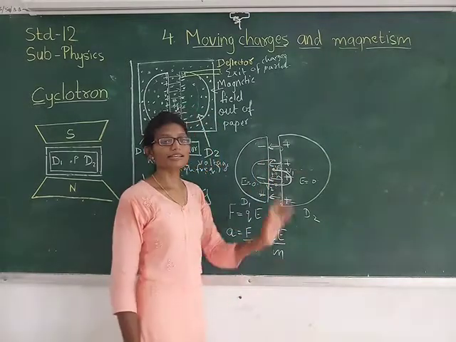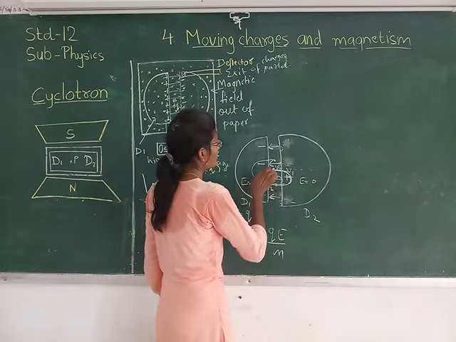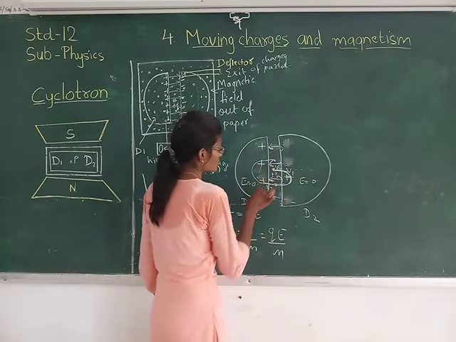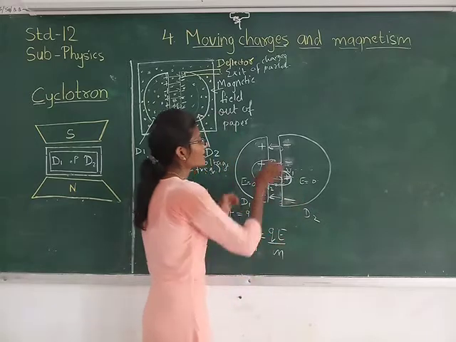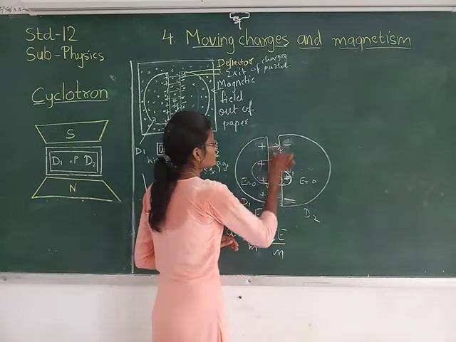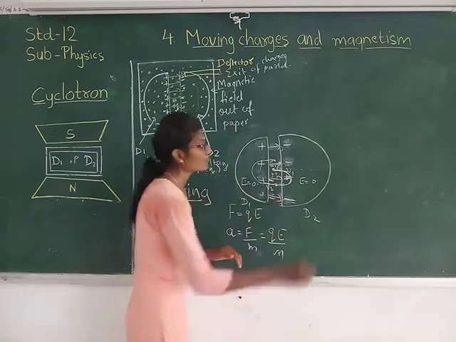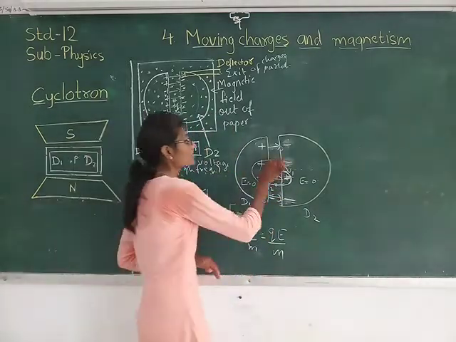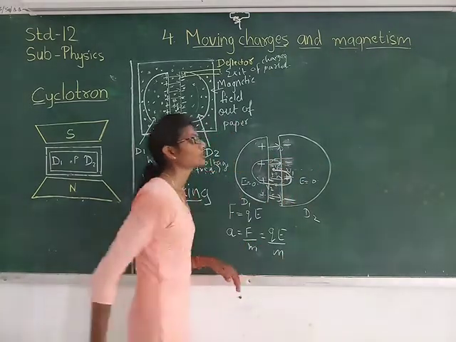Again the polarity gets changed, this becomes positive, this becomes negative, and the direction of the electric field reverses. Again this charge gets accelerated and it moves into D2.